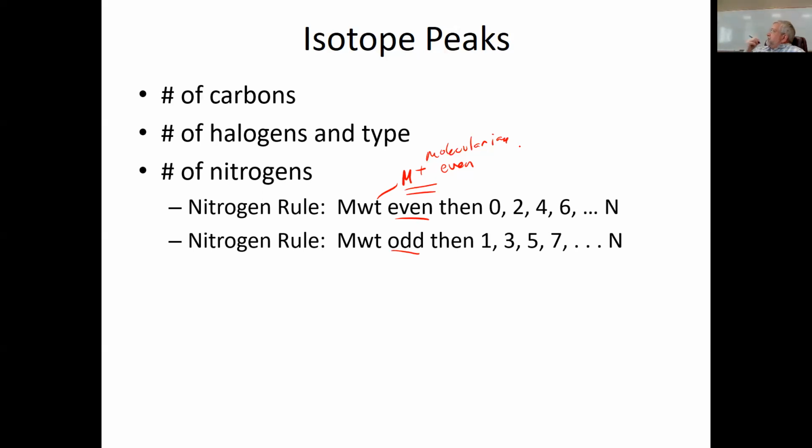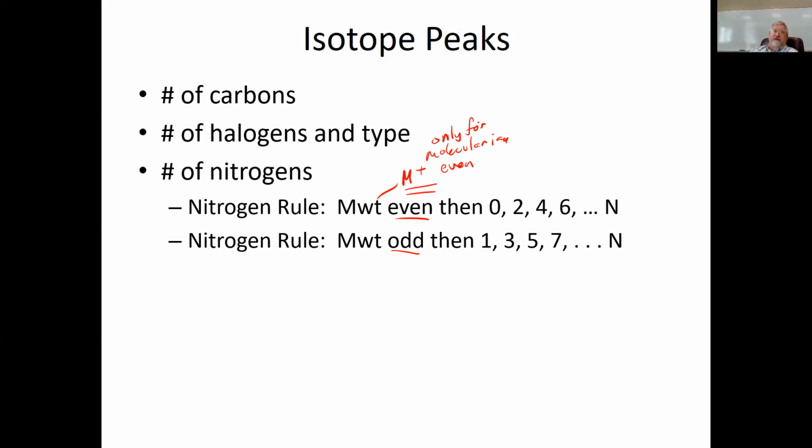Let me tell you this though. This is only for the molecular ion. If you look at a fragment of that molecular ion peak and look at its isotope peaks, its first peak is going to be an odd number, because you've broken off something.